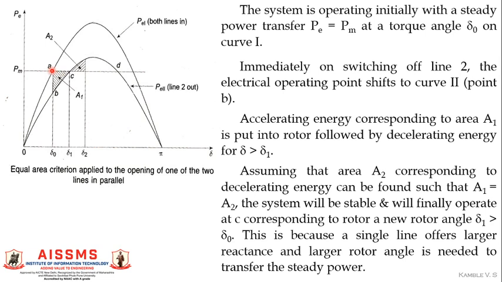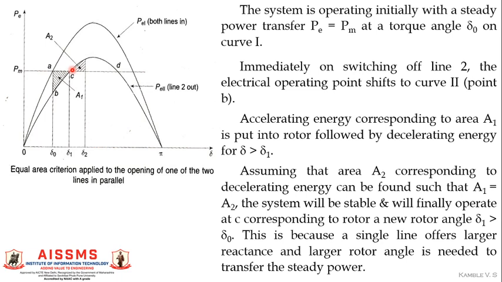So according to this equation, PA will be equal to PM minus PE, as here PM has a higher value and PE has a lower value. So PA will have a positive value, and whenever accelerating power has a positive value, the rotor will start to accelerate.